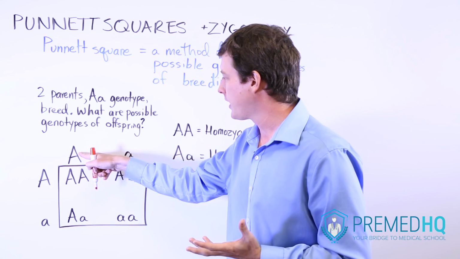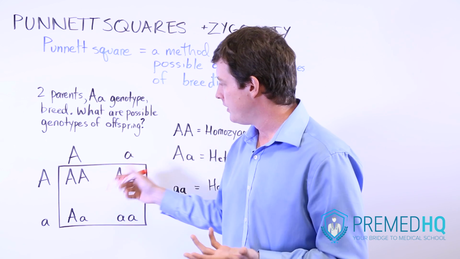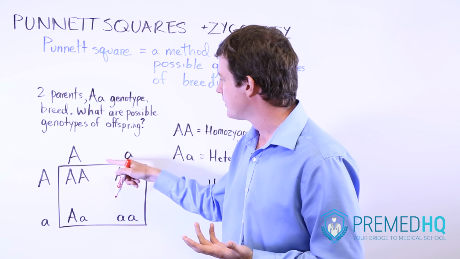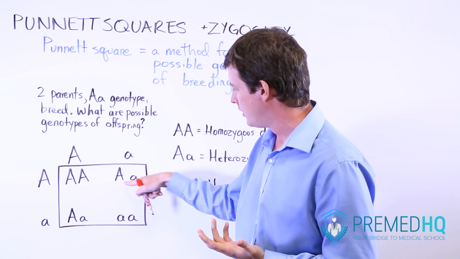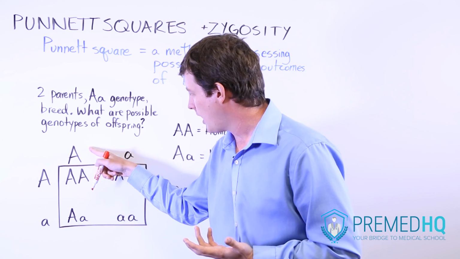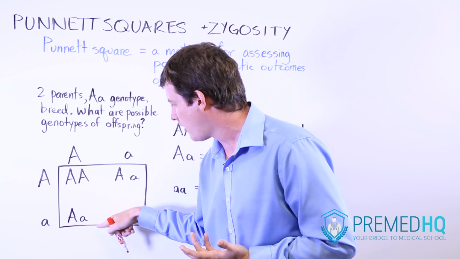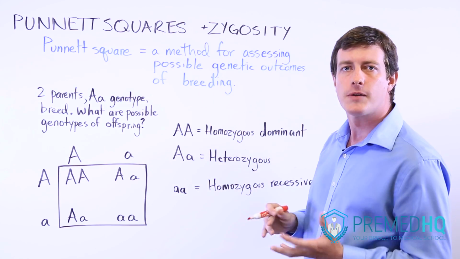So here, capital from mother, capital from father, and you get the double capital A's. Here you have a lowercase from mother and a capital from father, so that's a combo of the two. Similarly, capital from mother, lowercase from father, and so you get that, and then lowercase from both parents.